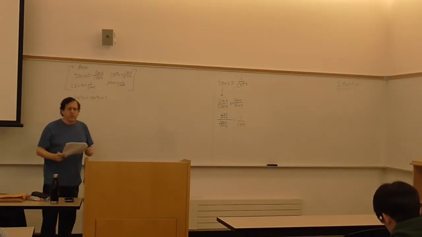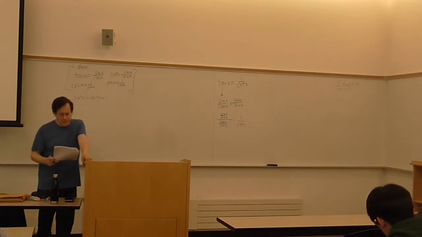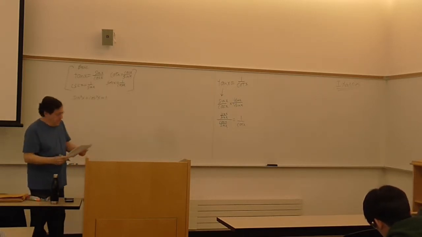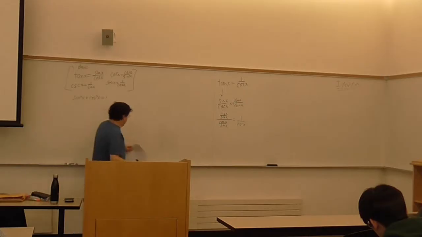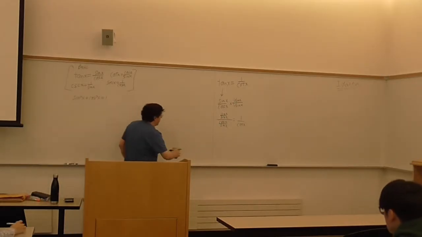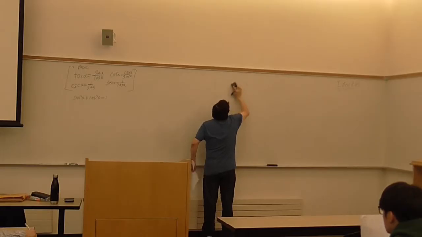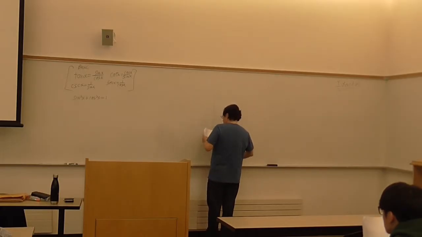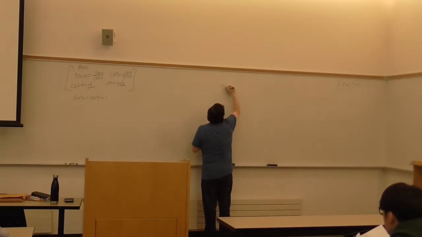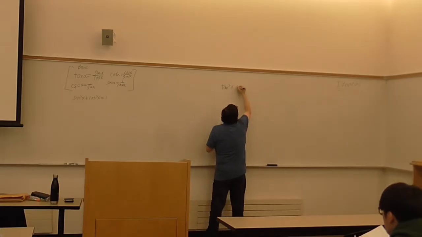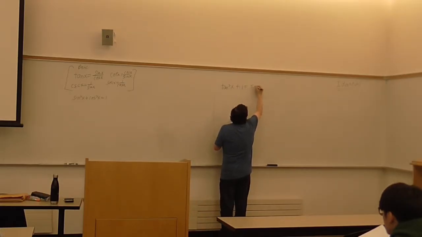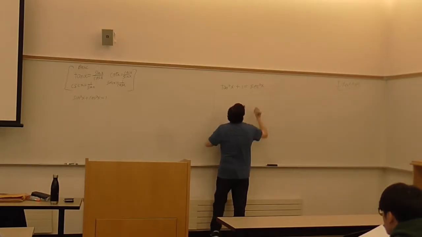I think we showed it. That was the case in another class. But I'd like to start with that identity, and I'd like to use it to show the following identity. Tangent squared x plus 1 equals secant squared x.